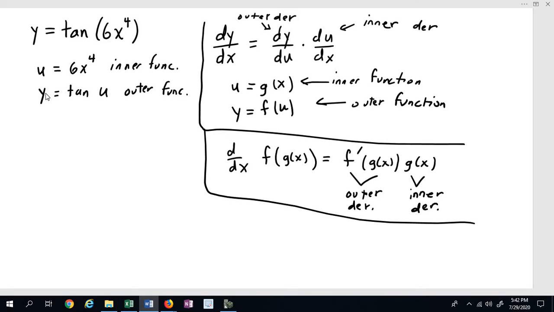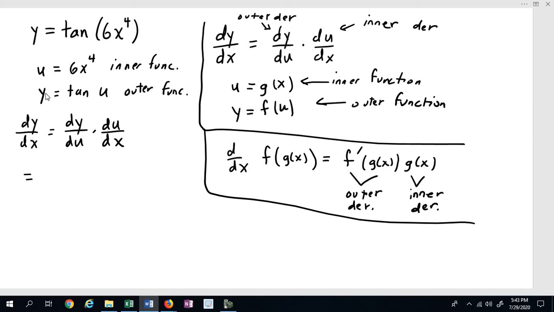If you're going to use this form of the chain rule, you have to express the composition in these terms first, and we've done that here. Now we're going to find the derivative of y with respect to x using the chain rule. According to the chain rule, it's the same as the derivative of y with respect to u times the derivative of u with respect to x.